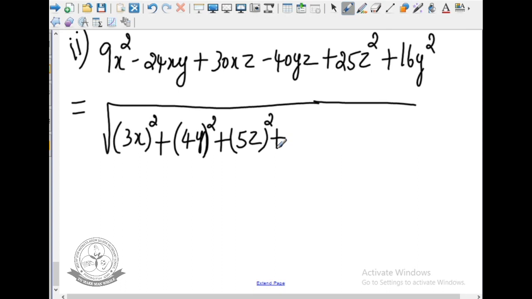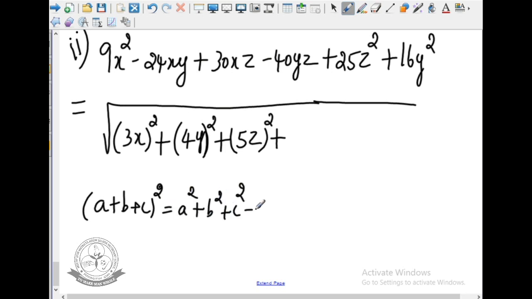So for this type of problem, that is in the order a square plus b square plus c square plus 2ab, a plus b plus c the whole square is equal to a square plus b square plus c square plus 2ab plus 2bc plus 2ca, right.